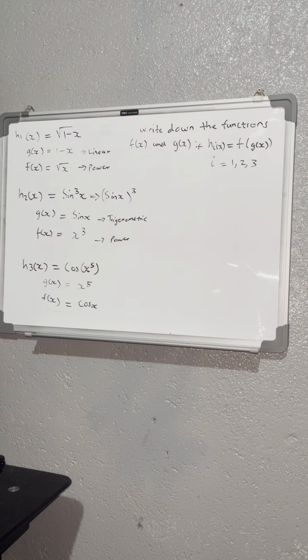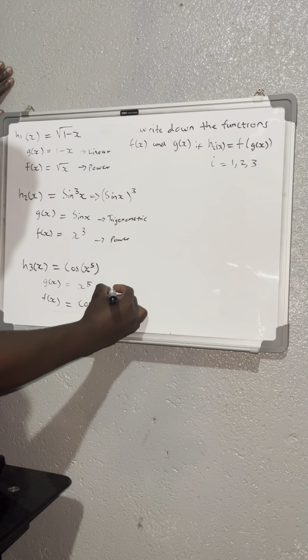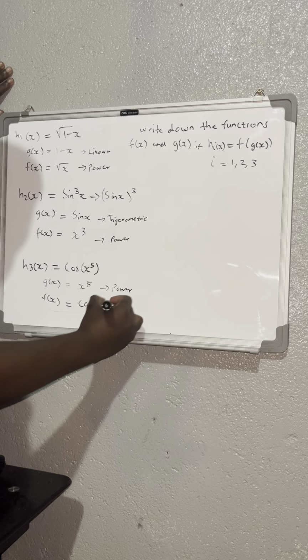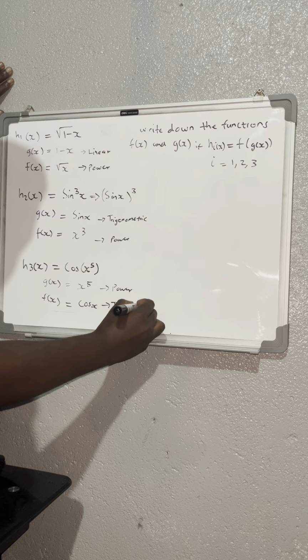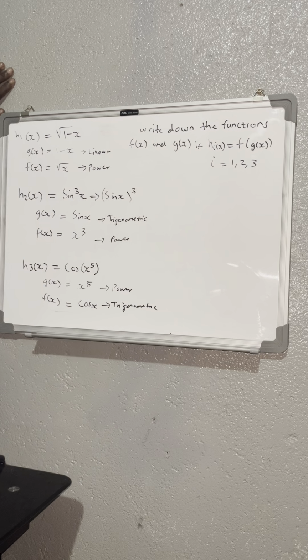So now you see here, what do we have? We have a power function. Then here we have a trigonometric function. So yeah, as simple as that. Then you'll get your six marks if it's in a test or an exam.